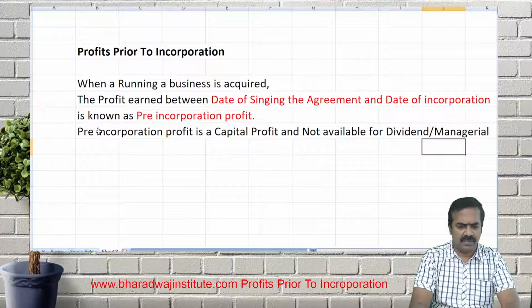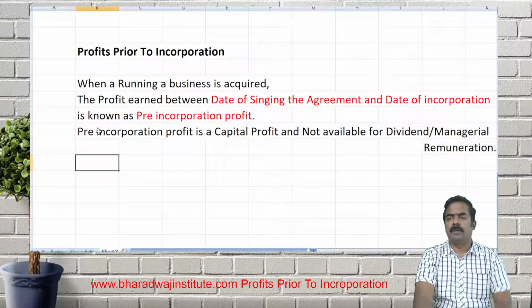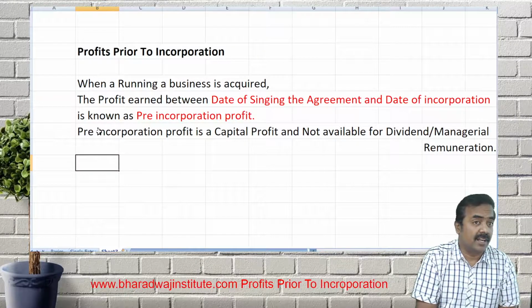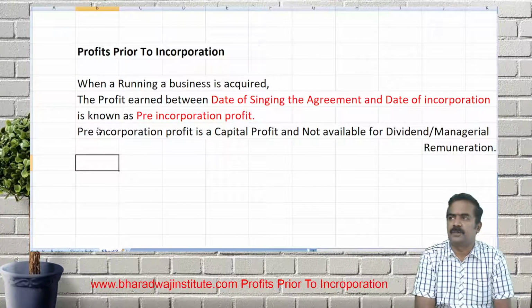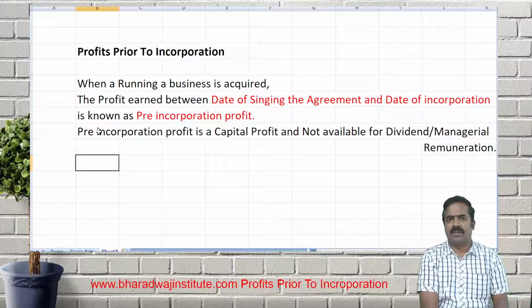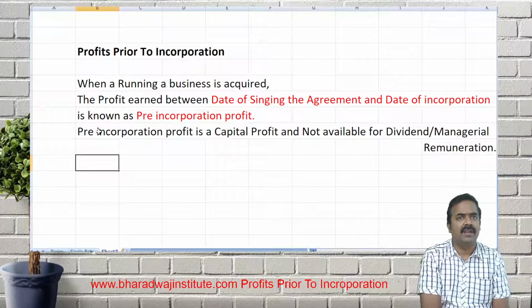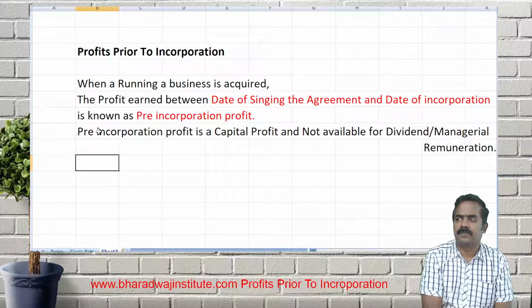Not available for dividend and which one? Managerial remuneration. Directors cannot be paid after incorporating a company while preparing final accounts. Directors cannot be paid the salary or remuneration out of which profit? Pre-incorporation profit. Whatever profit is earned only after the incorporation can be used for paying remuneration to directors.